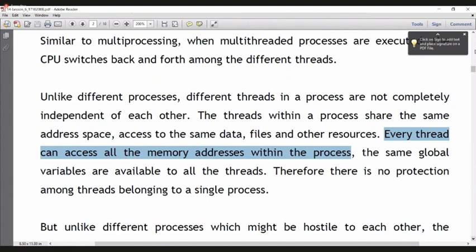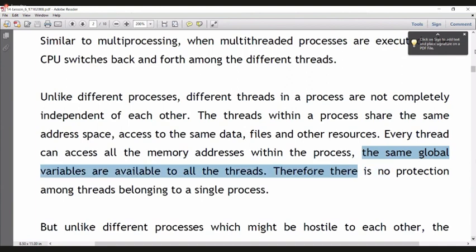And also, global variables of the process are available to all the threads. So all threads can share global variables. Therefore, there is no protection. Why? One thread can update a variable used by another thread.